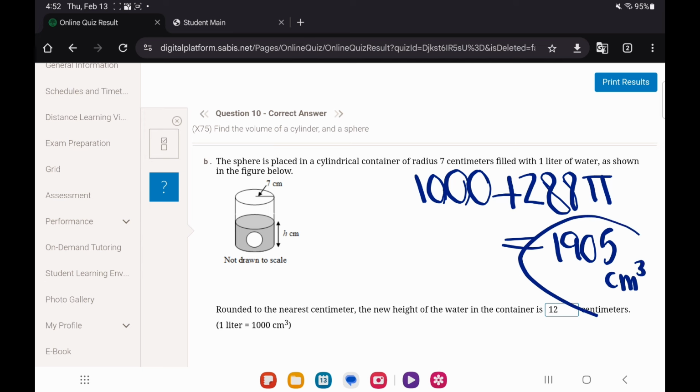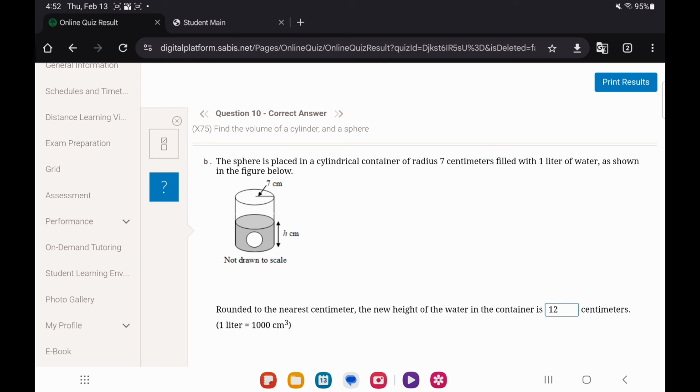Here we have the total volume. They want the height. Since we have the total volume, can't we use the equation for volume to find the height? Yes, we can.